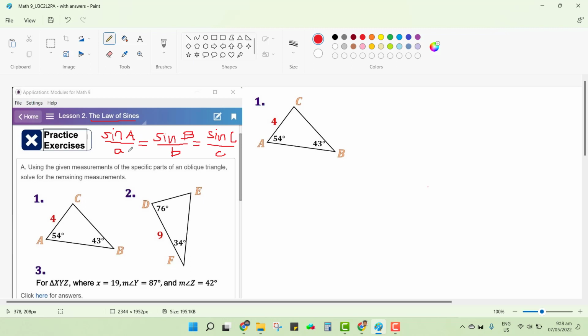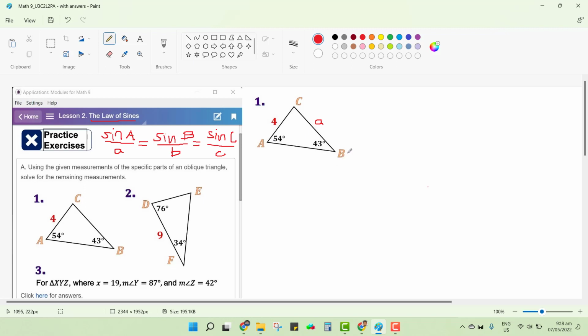However, the small letters here pertain to the side directly opposite the specified angle. So in this case, if we talk about sine A, which includes vertex A and the angle A itself, the value of the small letter a is this side here.